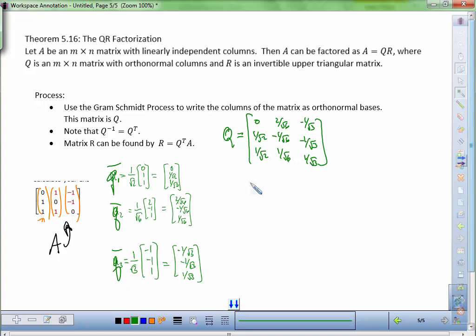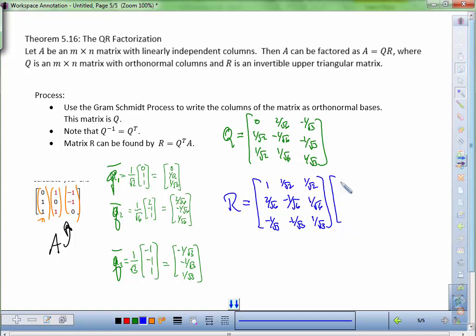Now, if we're going to find R, we need to multiply Q transpose times A. So R is going to equal Q transpose. Let's do the transpose of this. So 1 over root 2, 1 over root 2, 2 over root 6, negative 1 over root 6, positive 1 over root 6, and negative 1 over root 3, negative 1 over root 3, positive 1 over root 3.